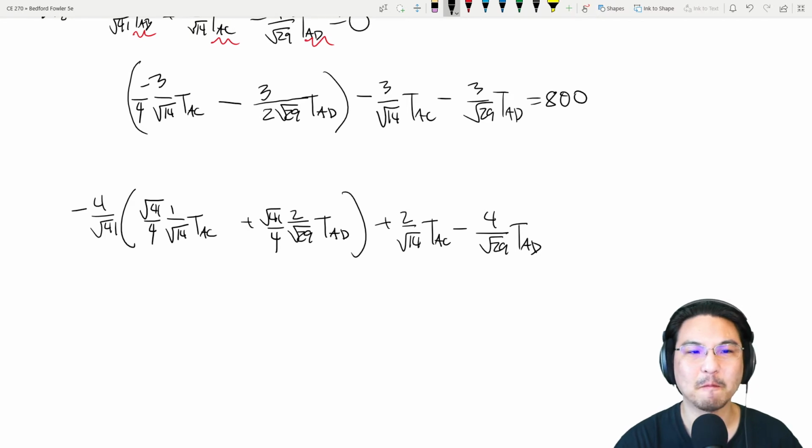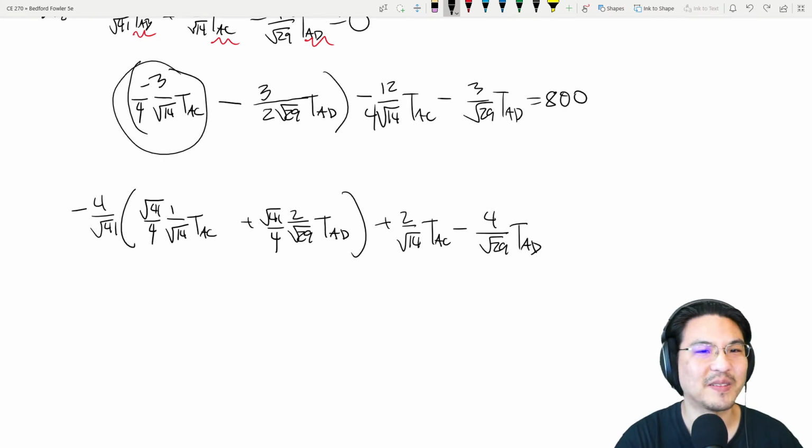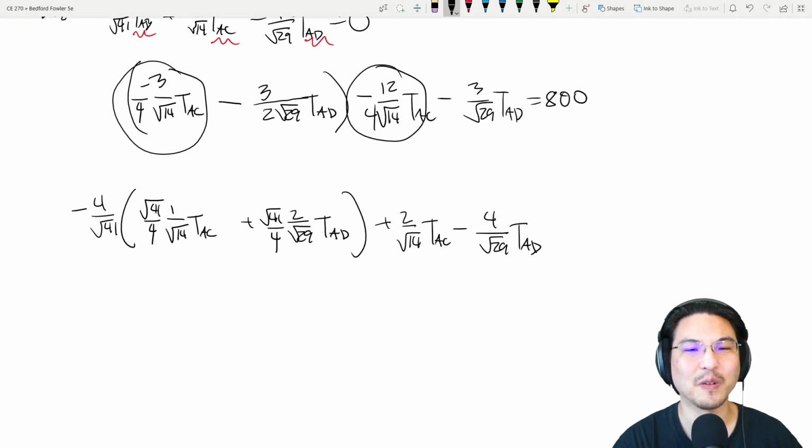Okay, and then while I'm at it, let me simplify. So you see how there's TAC, TAC. So we got minus 3 over 4 root 14 TAC minus 3 over root 14 TAC. So let me just multiply this by 4. So 3 over root 14 is the same as 12 over 4 root 14, because I wanted a common denominator here. So now this and this together would be negative 15 over 4 root 14.